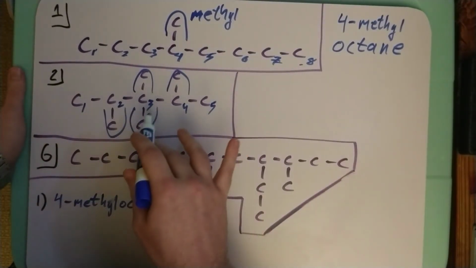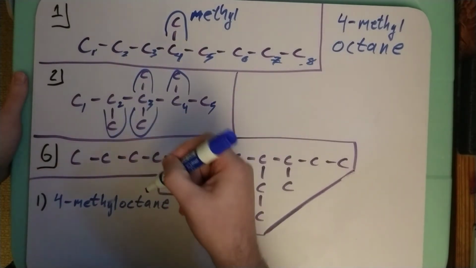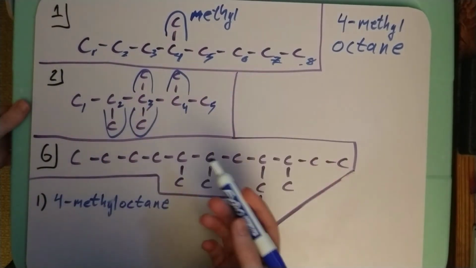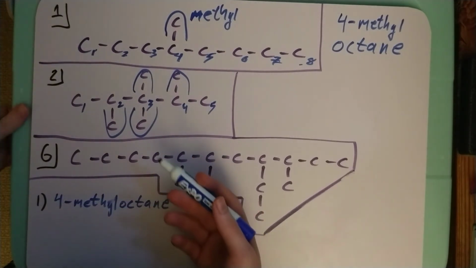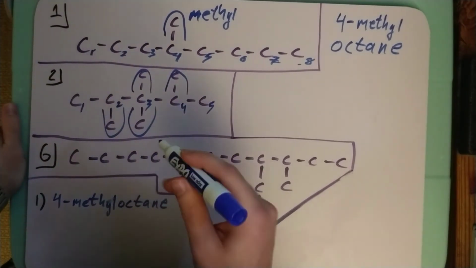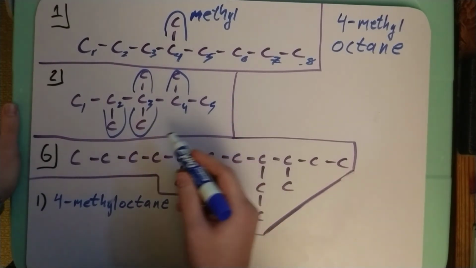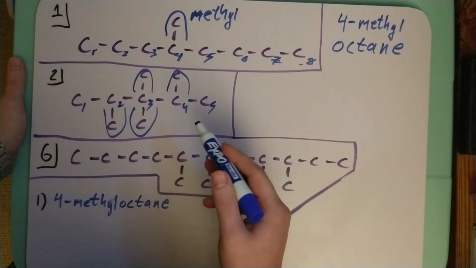Now this time, we have multiple methyl branches. Now it is possible to have hundreds of methyl branches attached to a single compound. So rather than listing all of them separately, we have a way of combining them to make it a little easier.